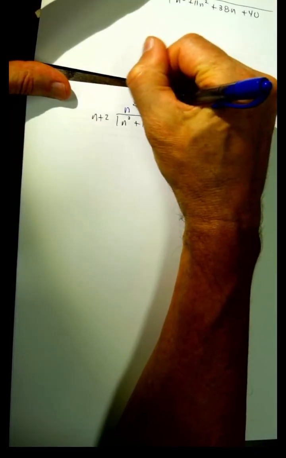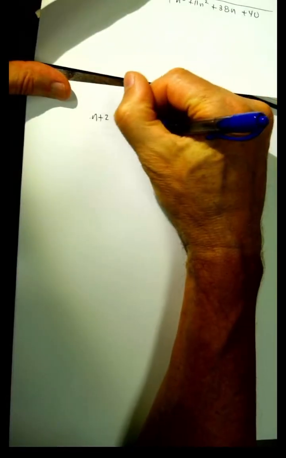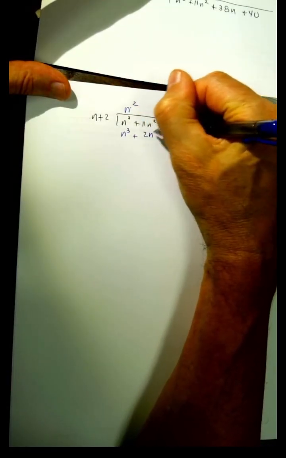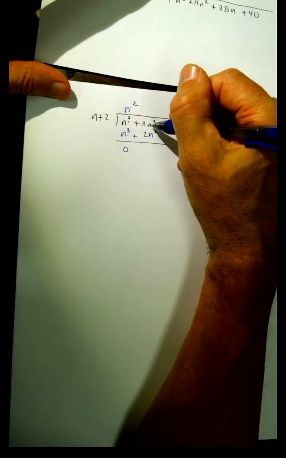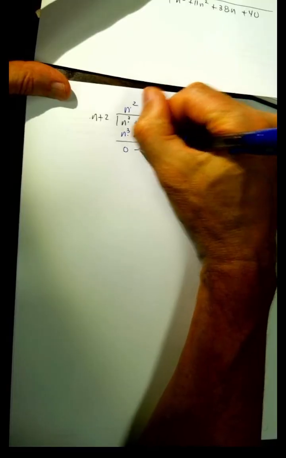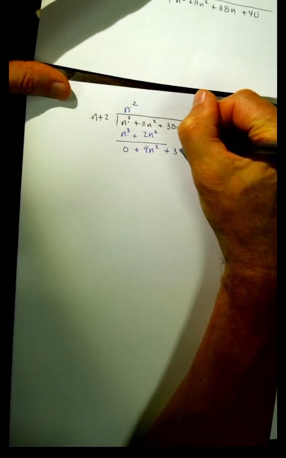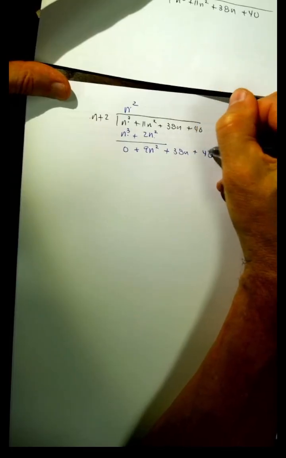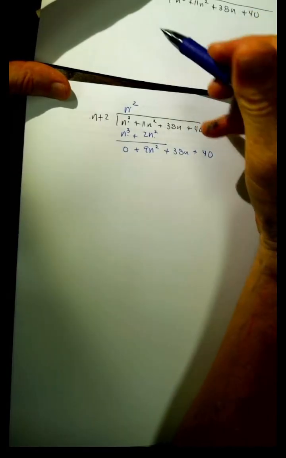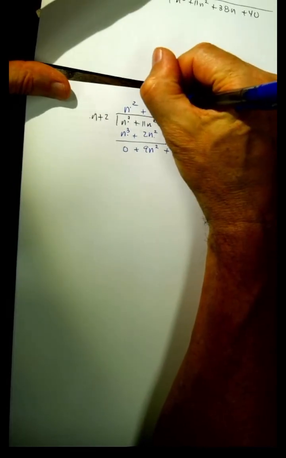What do I multiply n by to get n cubed? That's n squared. So n squared times n is n cubed, then plus 2 times n squared. n cubed minus n cubed is 0. 11n squared minus 2n squared is 9n squared. Let's bring everything else down. What do I multiply n by to get 9n squared? That's 9n.